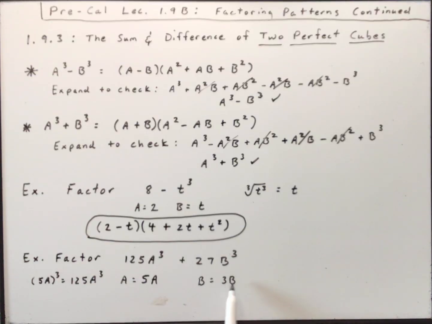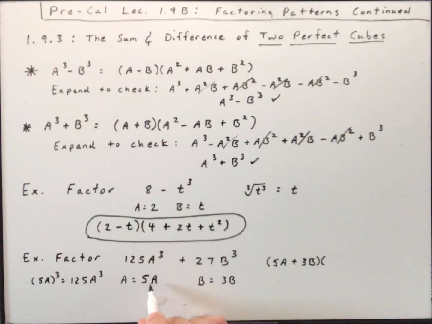Just to make sure, if you want to cube that, it would be 27b cubed. All right, so our factor, we're plus here, so our first quantity would be a plus b, so 5a plus 3b. And then our second quantity would have a minus sign, so we have a squared.